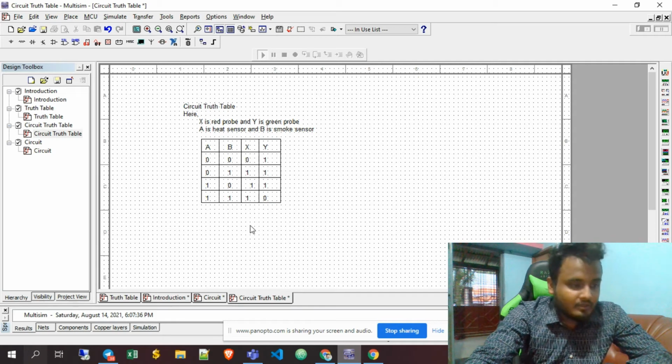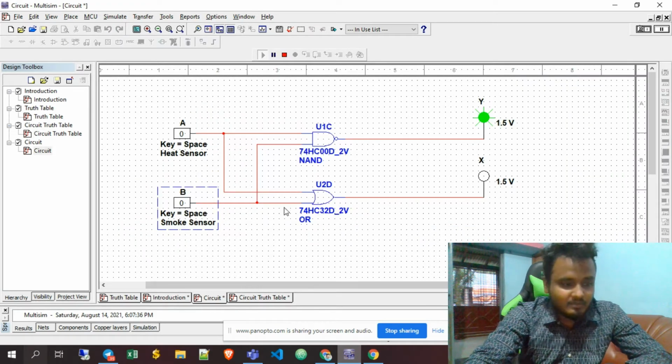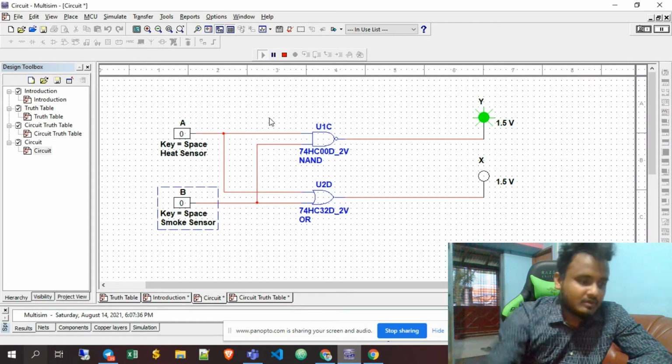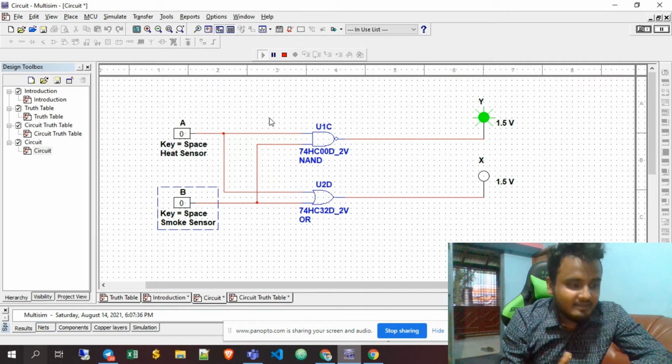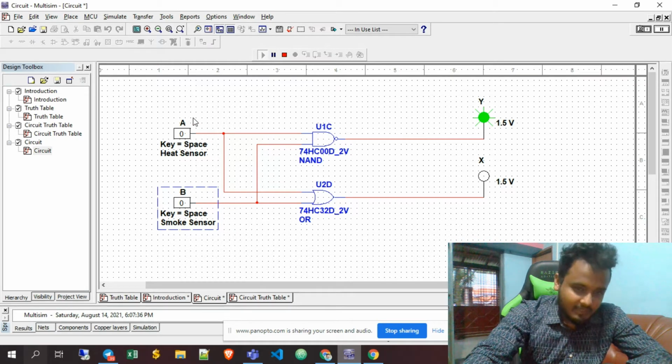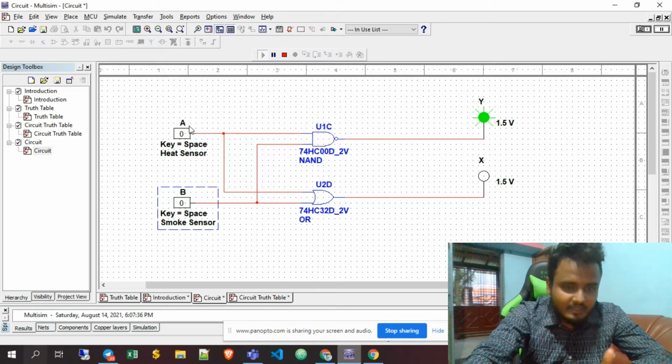Now we come to the circuit part. This is the most important part, our circuit design. Here A is the heat sensor, B is the smoke sensor. We are connecting these two sensors to two gates: one is a NAND gate and the other is an OR gate.